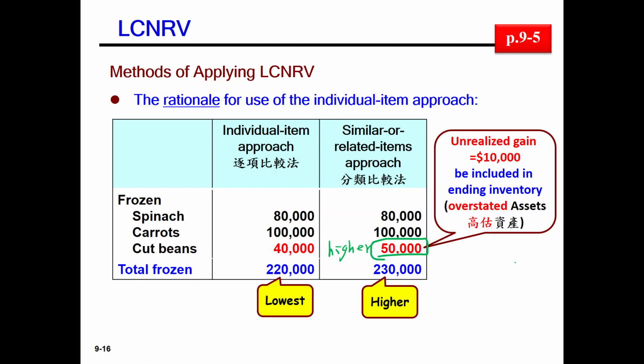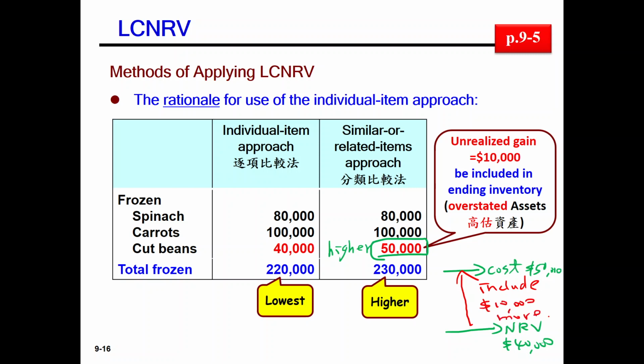So means what? Means the cost is $50,000 and NRV is $40,000. So what's the problem? The problem is for the second method, you include $10,000 more, right?